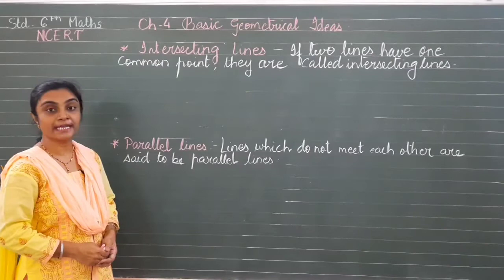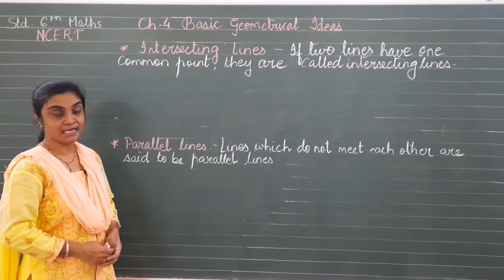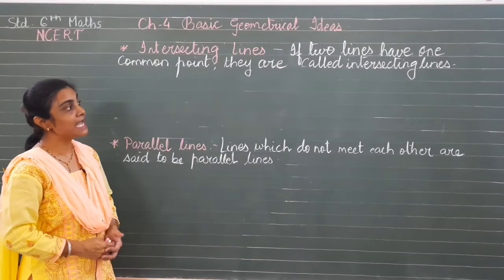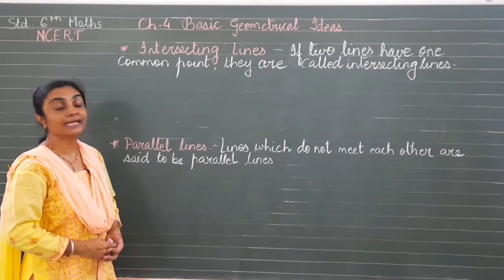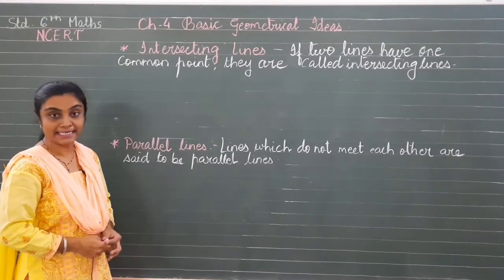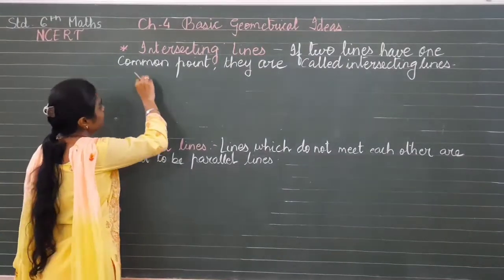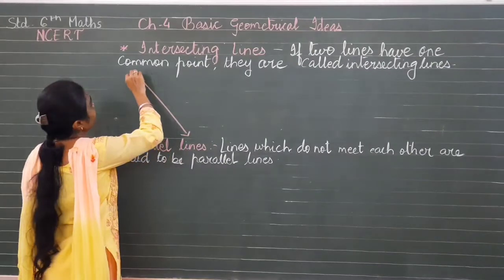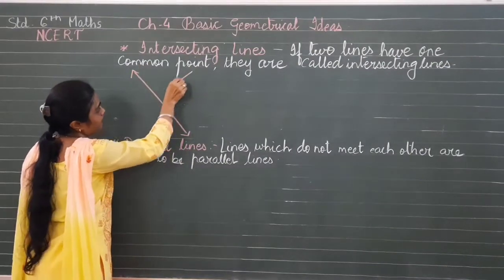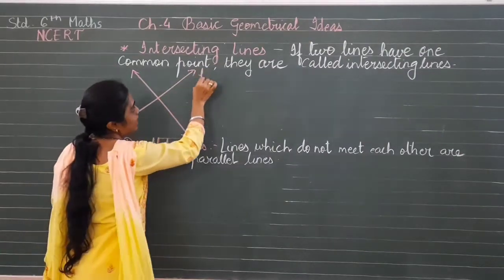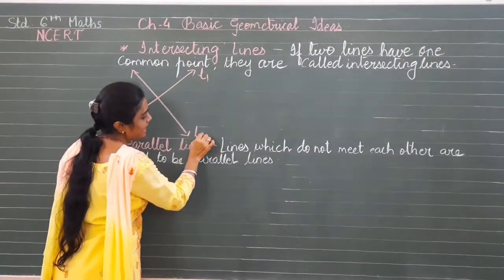Now, the next topic is intersecting lines. What is the meaning of intersecting lines? If two lines have one common point, then they are said to be intersecting lines. Let us draw two lines. Suppose I am naming this line as L1 and this line as L2.